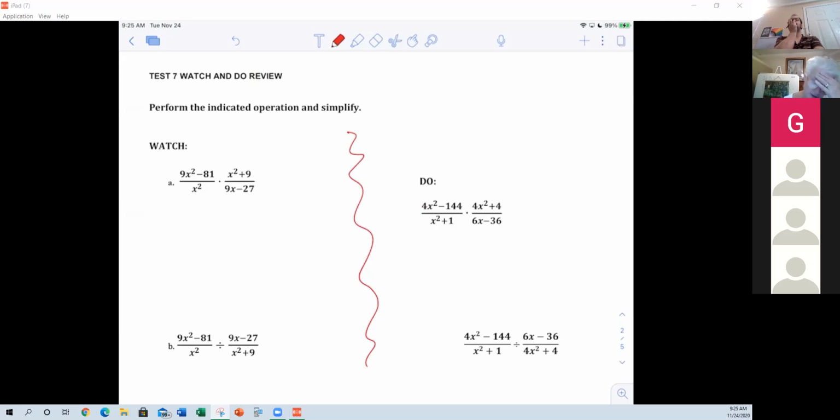When you have a multiplication or division problem, remember that these are really easier than the addition or subtraction. It's just going to be top times top over bottom times bottom, but first factor. So 9x squared minus 81, you can factor out a 9.